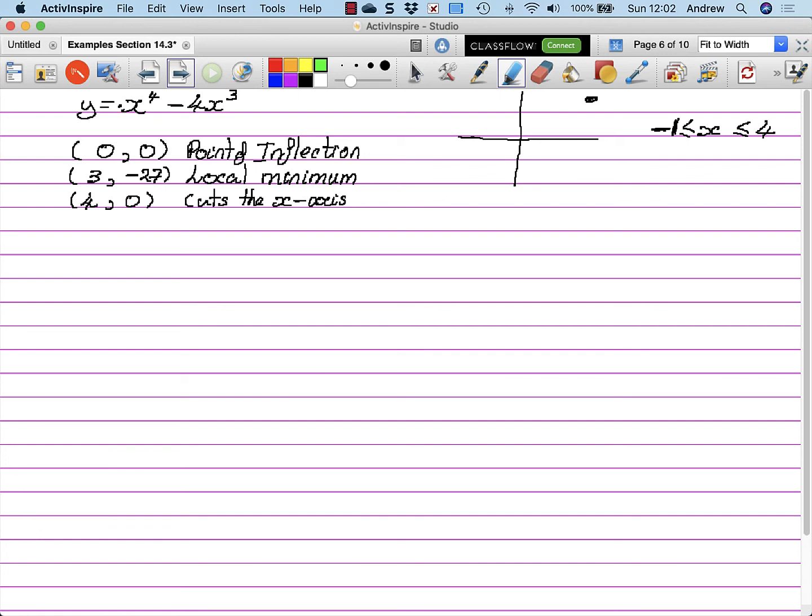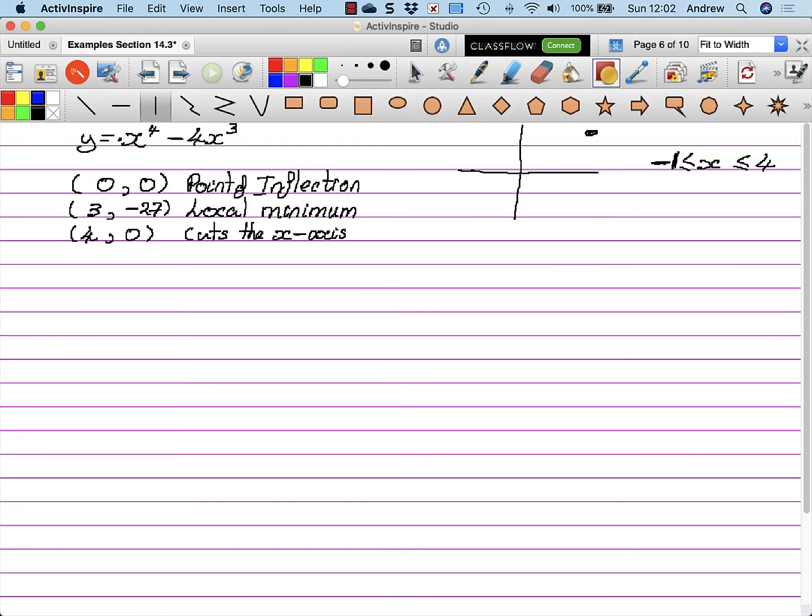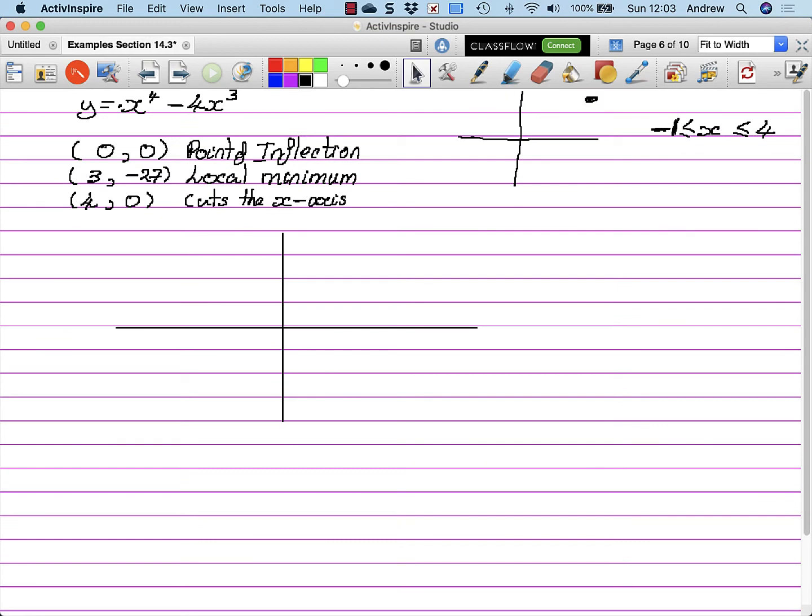Right then, sketch. You still have to do it neatly. So when you're doing a sketch, you still have to draw neat axes. If you don't, you will lose marks. You should label the axes, otherwise you will lose marks.